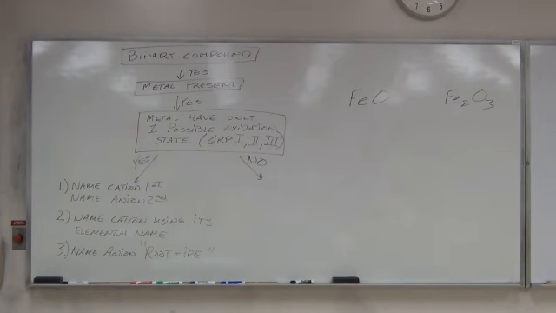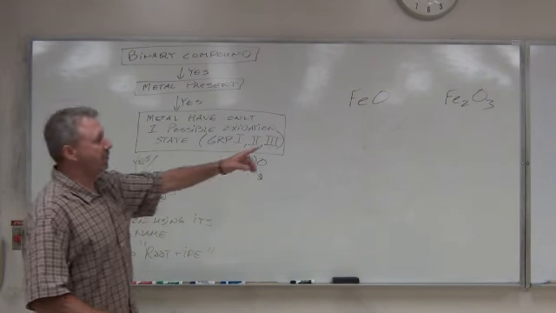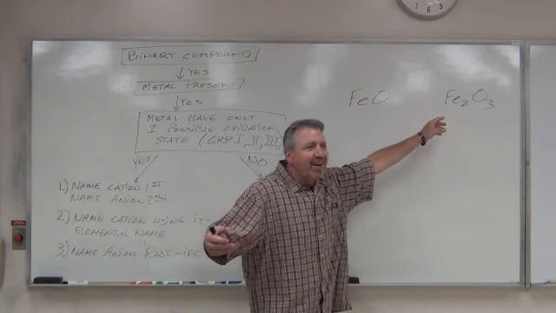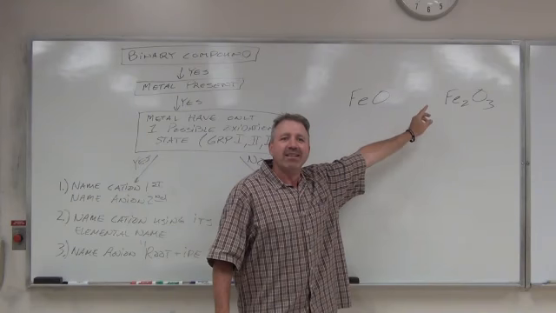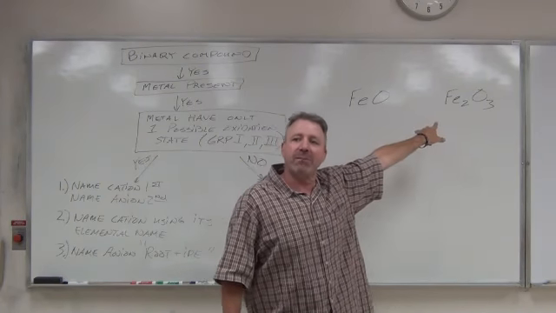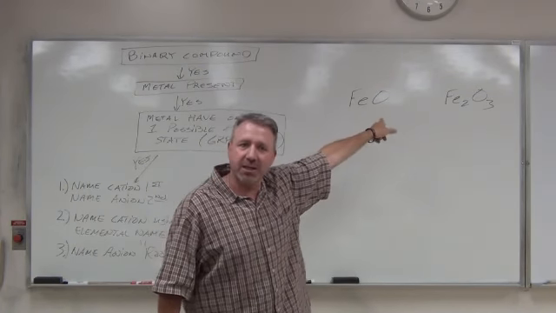Knowing what we know, what would you name the first one? You would name it iron oxide. What would you name the second one? Iron oxide, right? Clearly these are not the same compound. So we have to have some way to differentiate between the two.